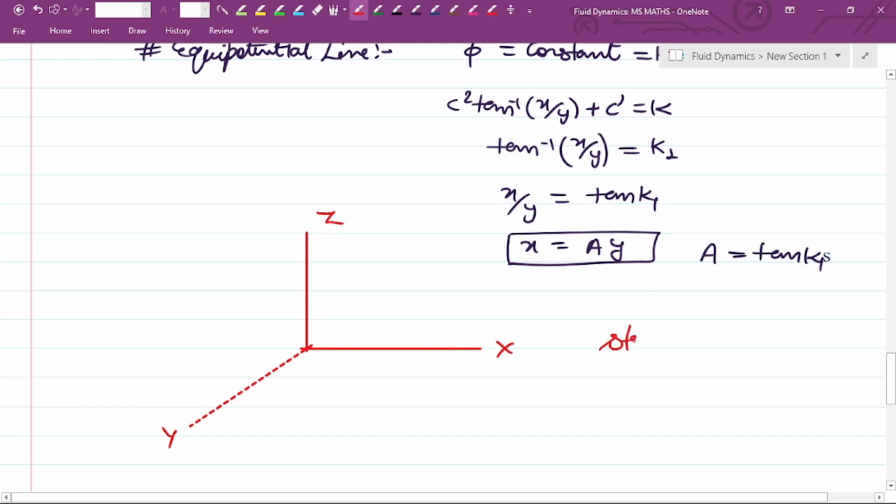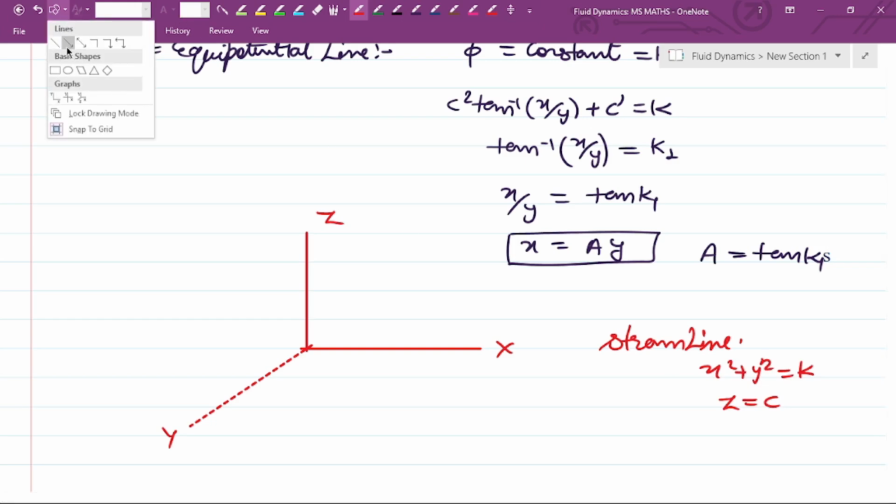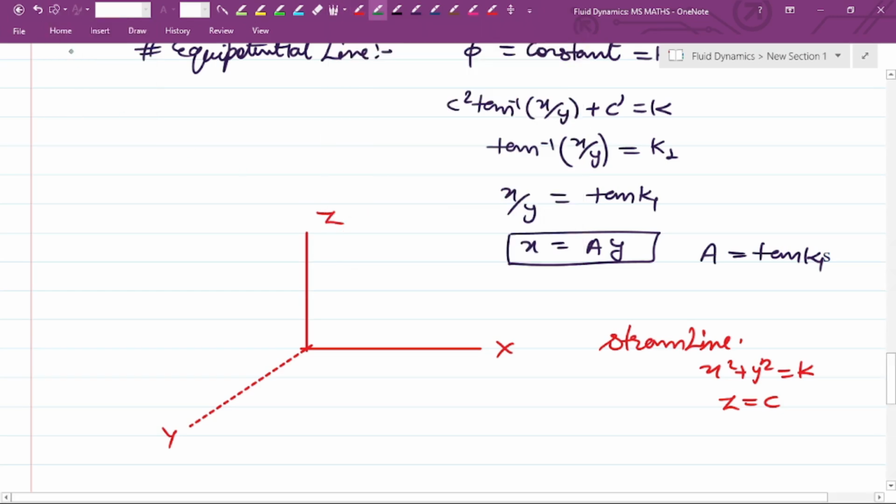What is the streamline? The streamline is the circle x square plus y square equals some k, where z is some constant. So it will be a circle where z is constant. We can represent this as a circle like this. This is a family of circles.